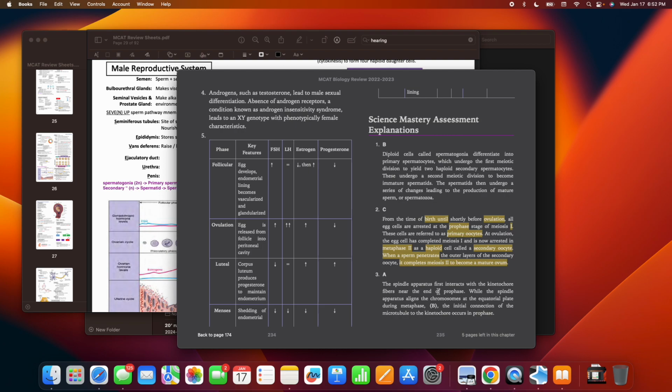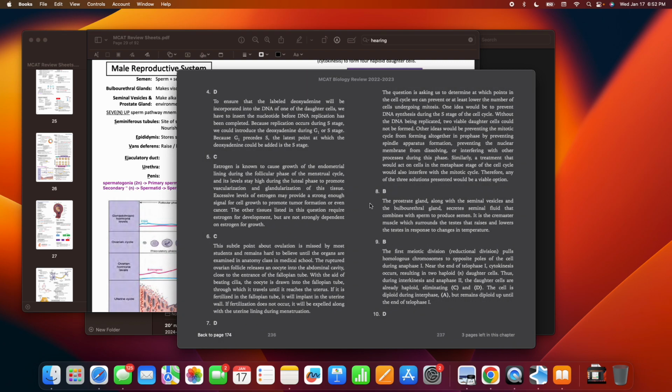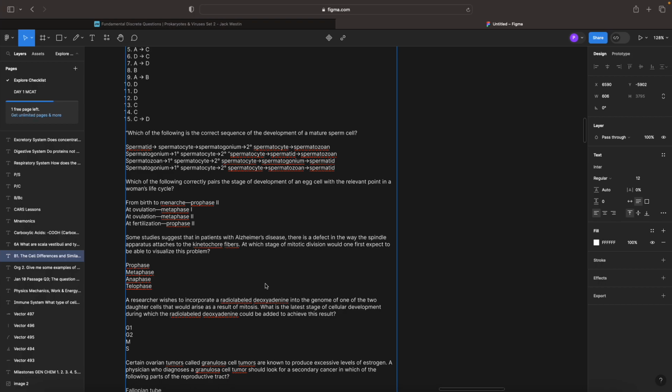So the spindle apparatus first interacts with the kinetochore fibers near the end of prophase, while during metaphase the spindle apparatus aligns the chromosomes at the equatorial plate. That's pretty detailed.